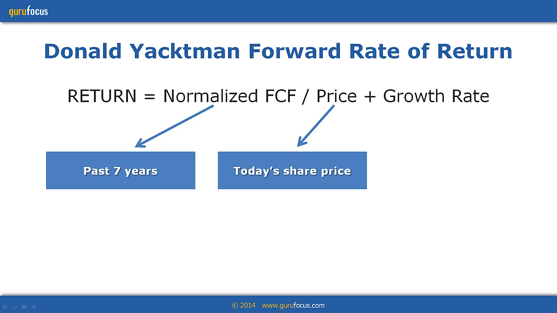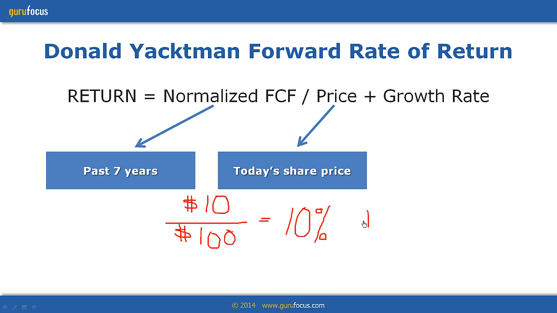If this stock, on average, produces maybe $10 a share in free cash flow, and they're currently trading for $100, what's the free cash flow yield? Around 10%, right? Yes, it's the average of the past 7 years, normalized out.